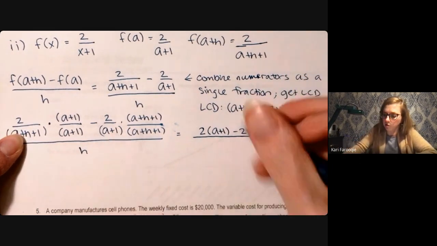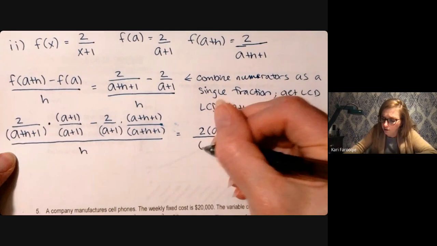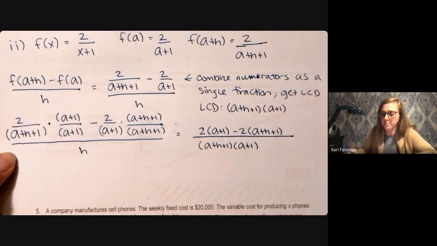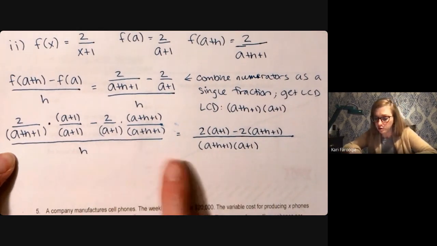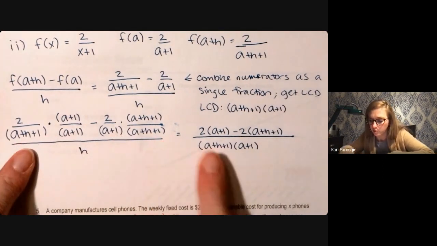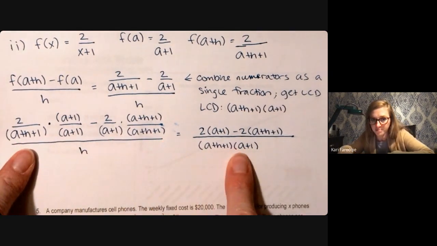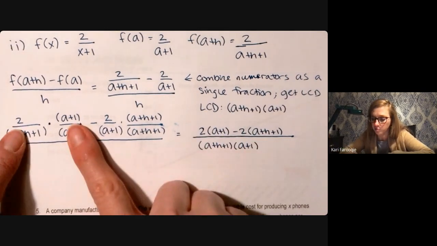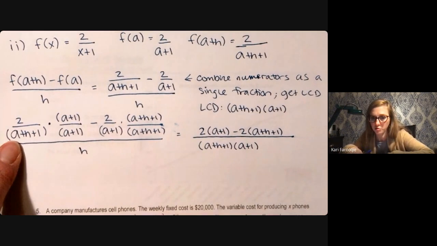So those are your numerators, divided by your LCD, which is a plus h plus 1 times a plus 1. So all we've done so far, and I still have to think about this h, I haven't forgotten about it, is we've taken the common denominator, written it as the denominator here, and combined these fractions in the numerator. So twice a plus 1 minus twice a plus h plus 1.